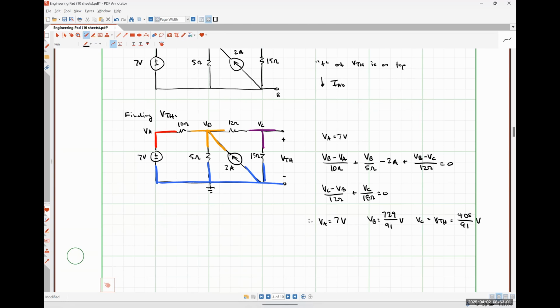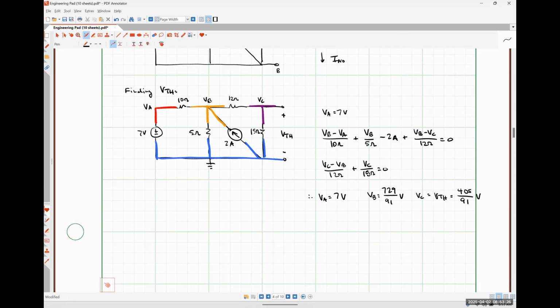No, okay. So before we move on from here, does anybody have any questions, comments, or concerns? All right. What do you guys want to solve for next? Norton current or Thevenin resistance? Thevenin resistance, okay?